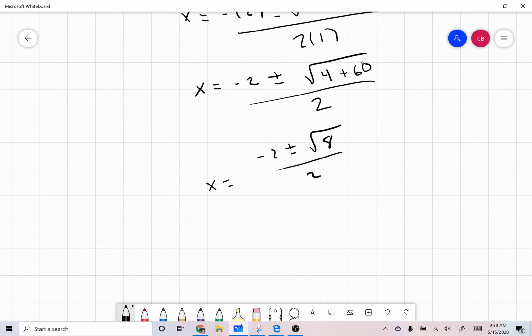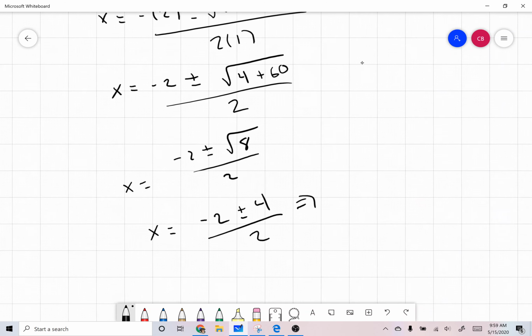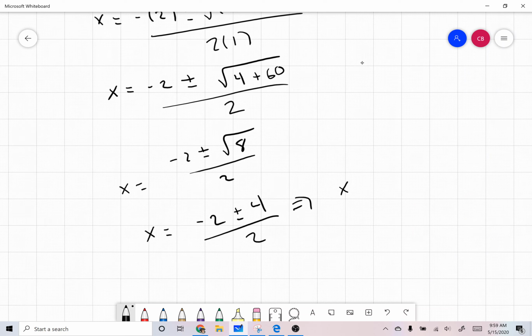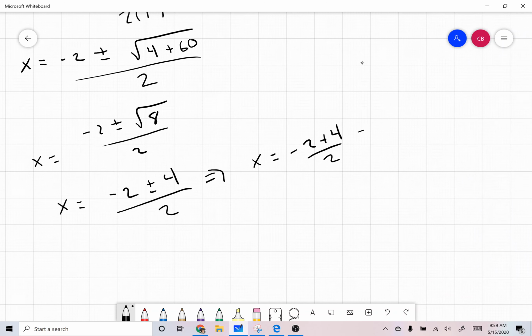And then we finally have x is equal to negative 2 plus or minus 4 over 2. So then this implies, if x is equal to negative 2 plus 4 divided by 2, then that is equal to negative 2 plus 4 is negative 2.